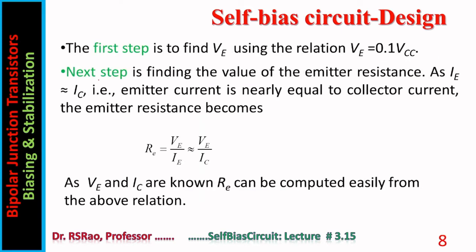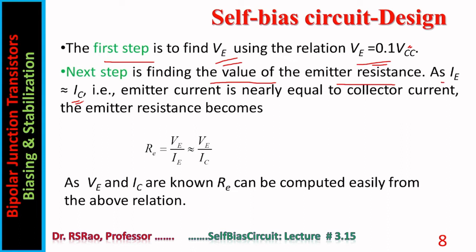Actual process. The first step is to find VE using the relation VE equals 0.1 VCC. VCC is available. Multiply it with 0.1, so you get VE. Next step is finding the value of emitter resistance, as IE is roughly IC. Base current is very small. Collector current is nearly equal to emitter current, and collector current is available as it is part of the operating point.